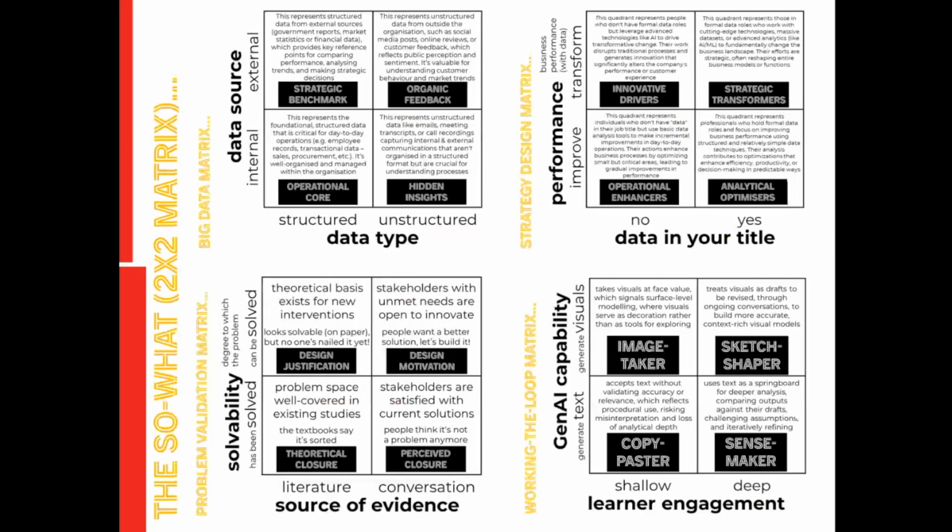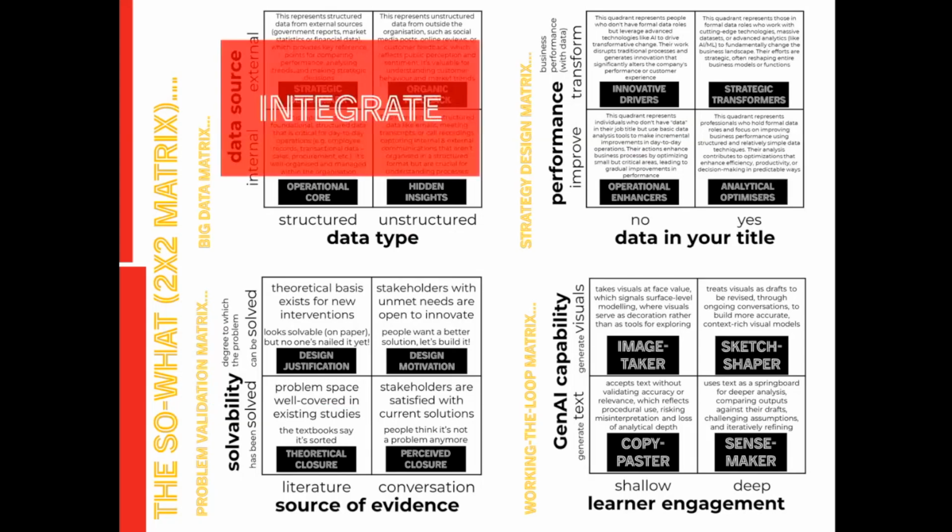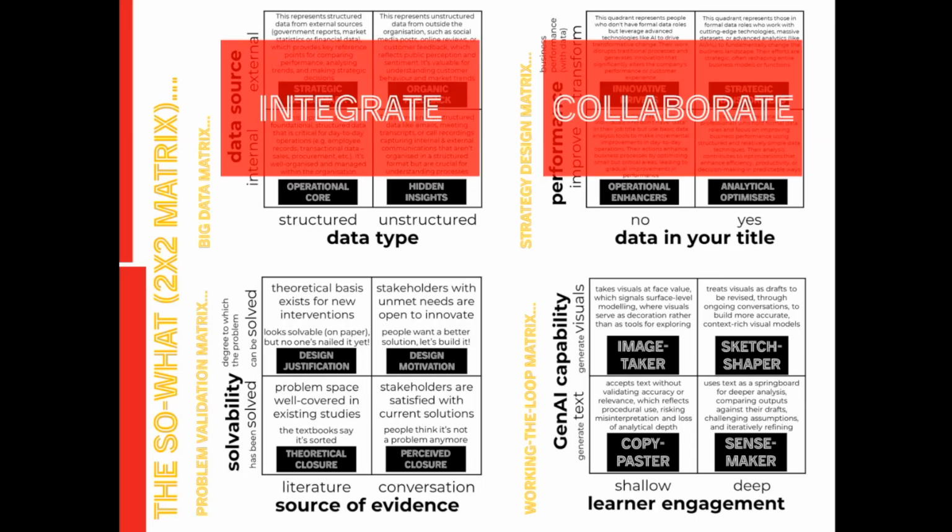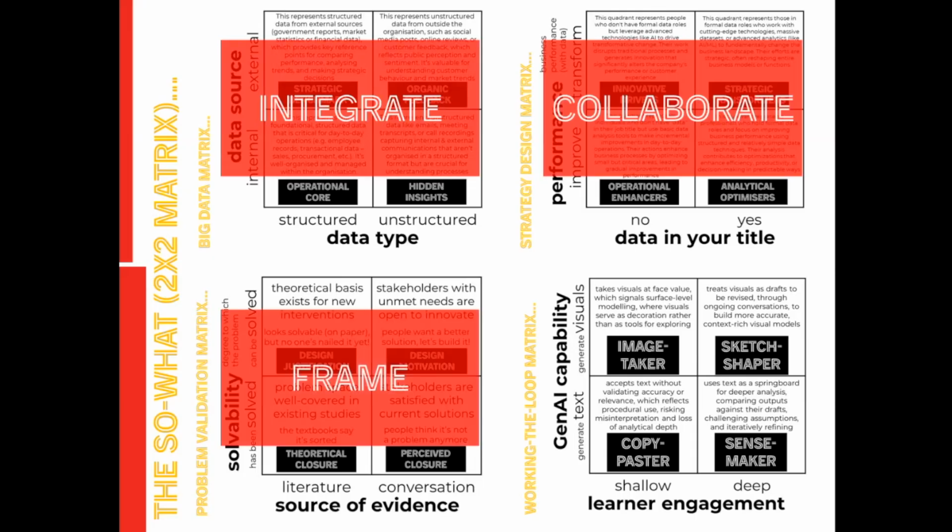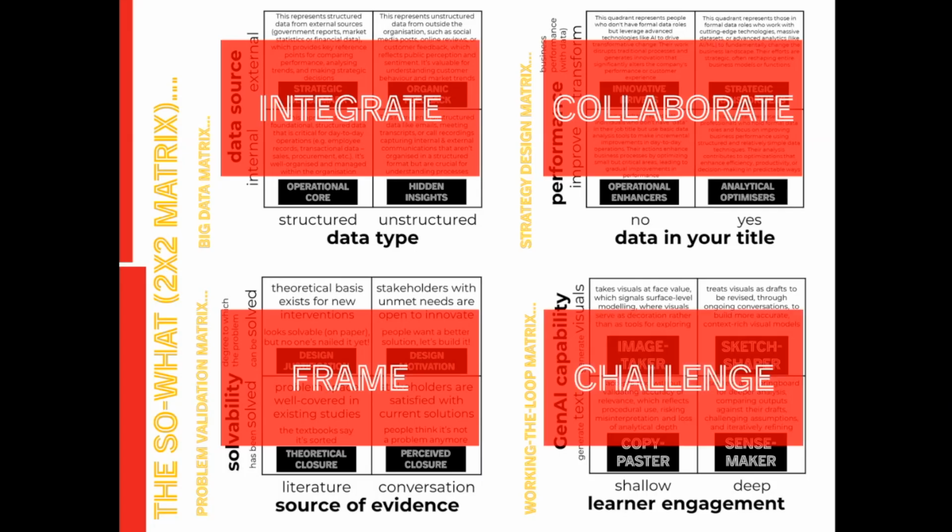So I'm going to wrap up by saying that for me, these 4 matrices in particular are very much a conversation that helps us to integrate. They help us to collaborate, they help us to frame things, and they certainly help us to challenge ourselves and challenge our thinking.